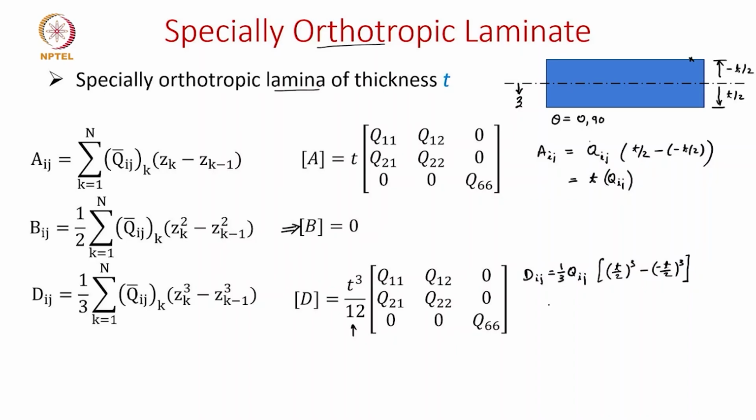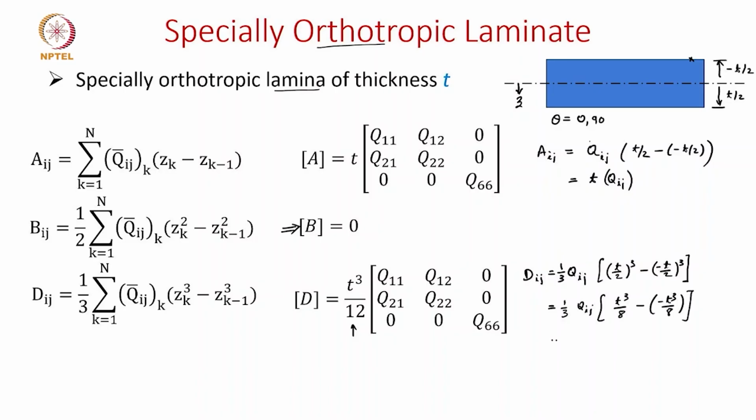Okay, now let's substitute and see. This should be 1/3 of Qij times T cube by 8 minus, since we have a cube and it's a negative, we'll still have that negative, minus T cube by 8.